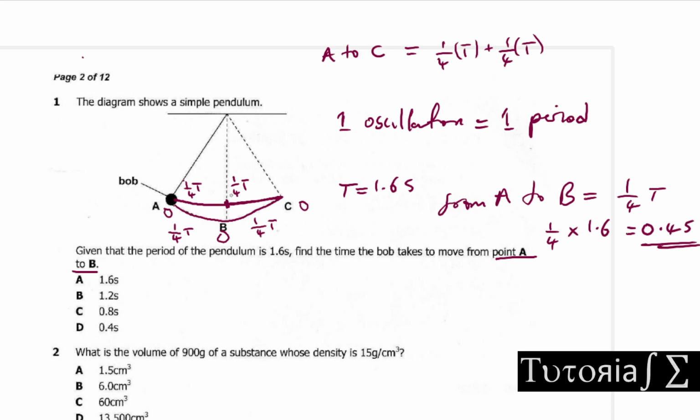If you are told to move from A to B to C back to B, it will be this period plus that period plus that period. So that is how you approach this question. For us, it is just from A to B, which is 0.4 seconds. Let me write it properly. So that is seconds, which is D. Okay, we can move on.